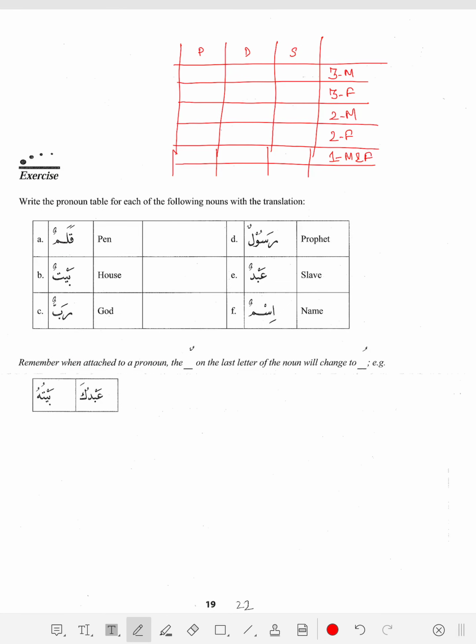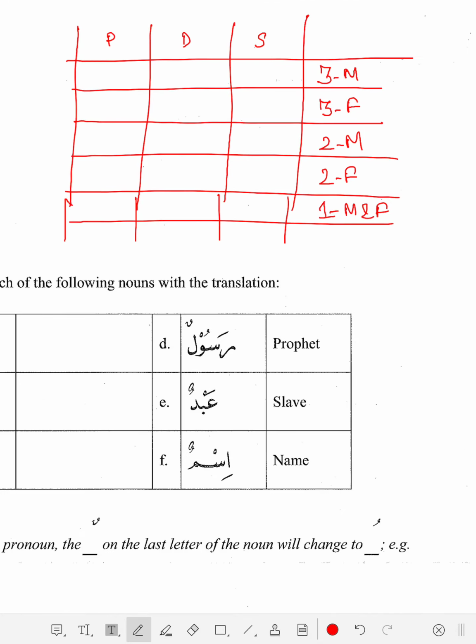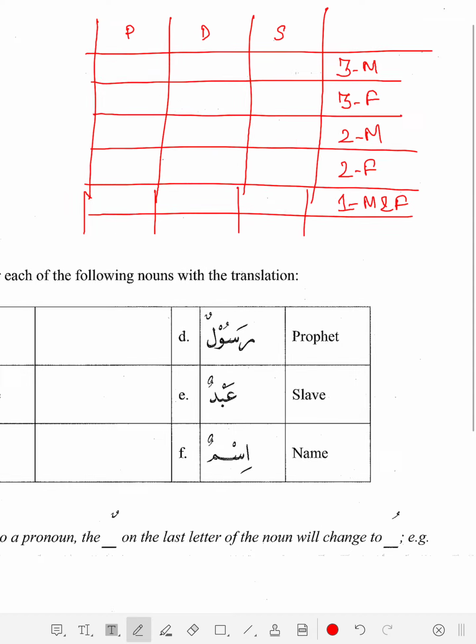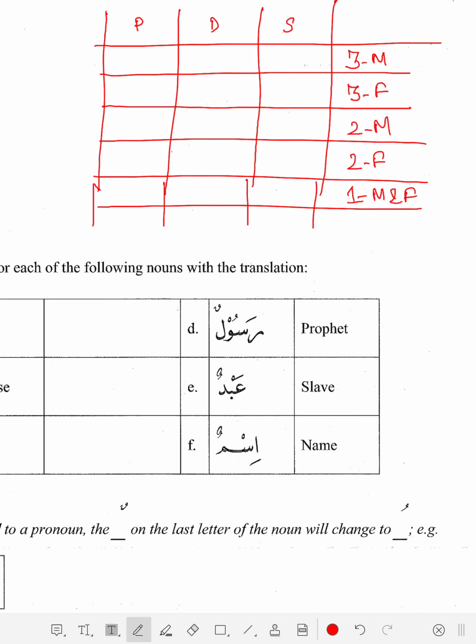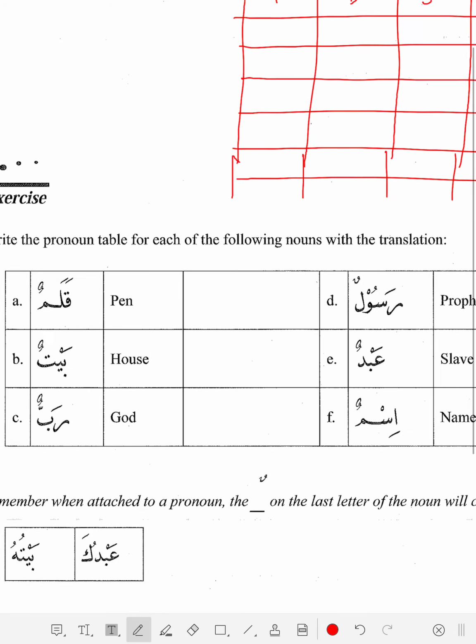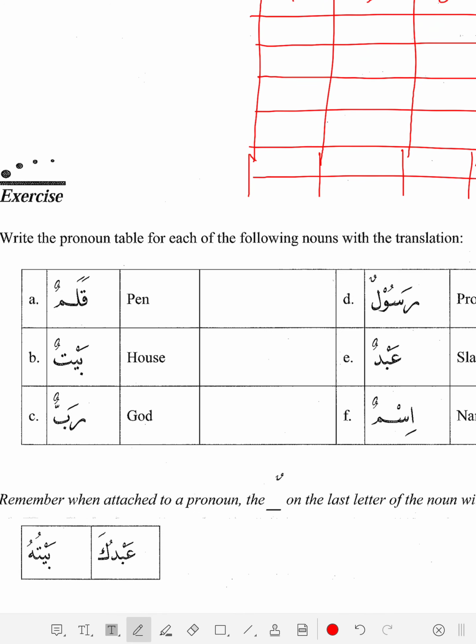Here you have some exercises which you can do. What you can do is have a table like this: third person masculine, third person feminine, second person, first person as the rows, and singular, dual, plural as the columns. Then you can fit these nouns which have been given here into that.